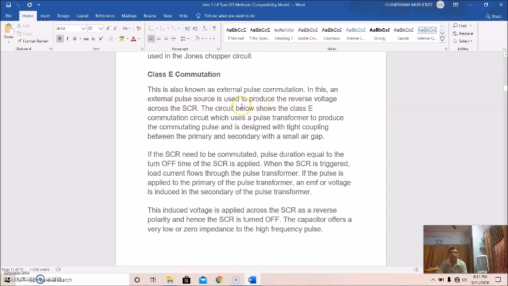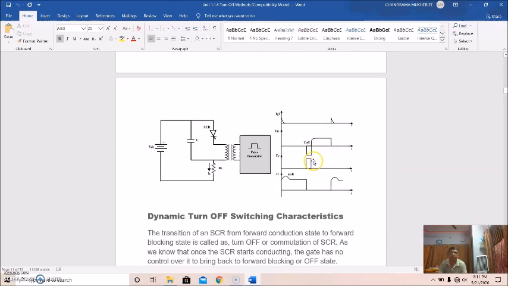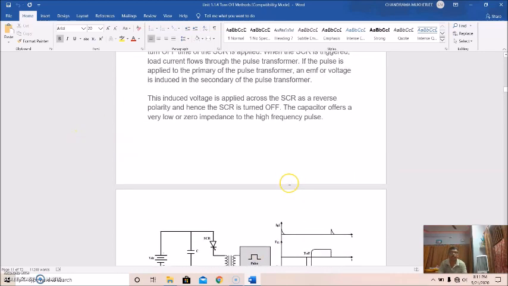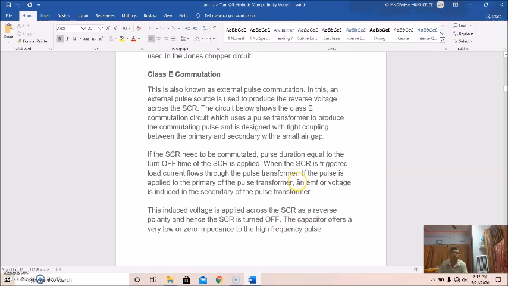This is external pulse commutation, and an external power source is used to produce the reverse voltage across the thyristor to be turned off. The circuit is shown here. In this circuit, the pulse transformer is a very tightly coupled primary and secondary, and the air gap is very minimal.